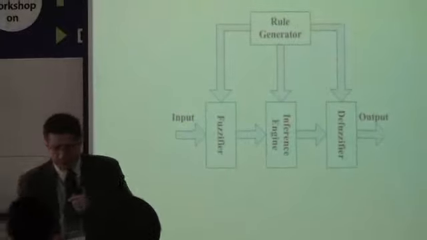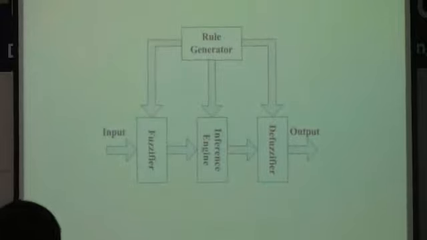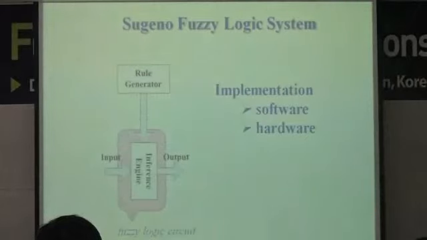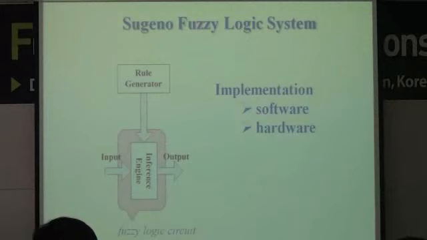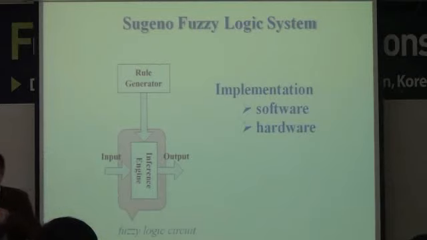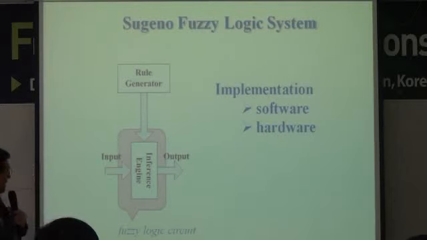Then I will talk about the fuzzy logic system and its implementation, and I will concentrate on the specific fuzzy logic system with direct input and direct output, like in the Sugeno system. Of course, we have some rule generator, which means a machine which will generate the structure of the inference engine.